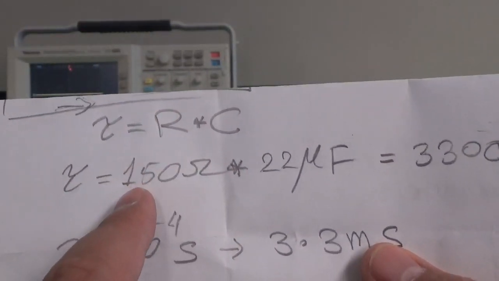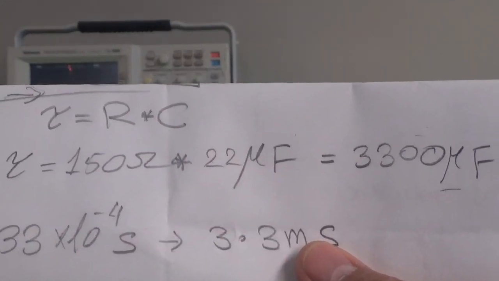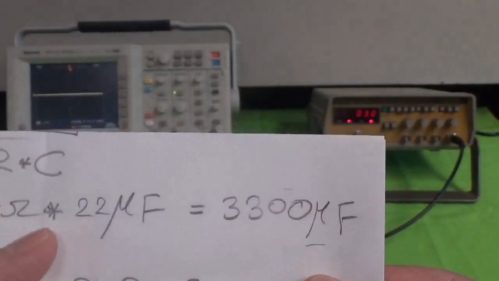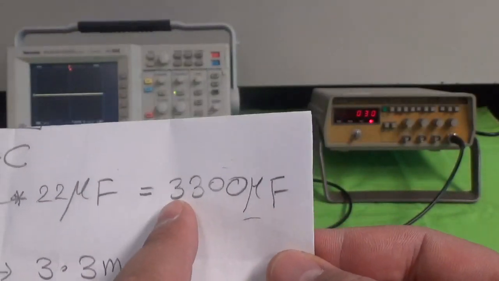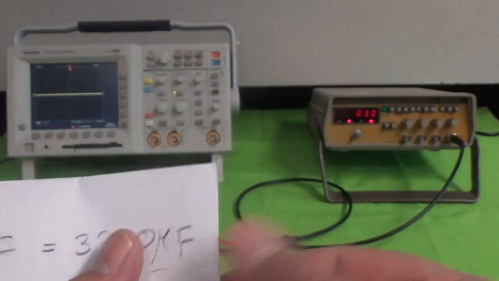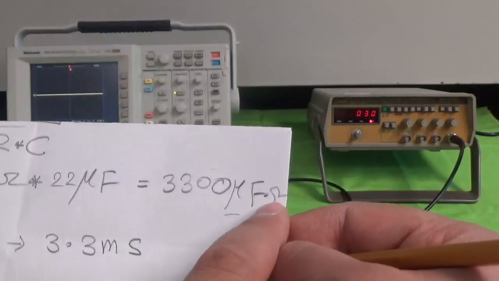R here is 150 ohms and C is 22 microfarad. To get the time constant, we multiply them, so we get 3300 microfarad times ohm.